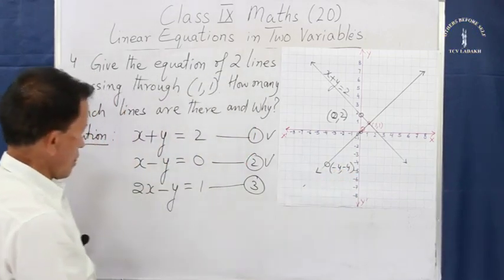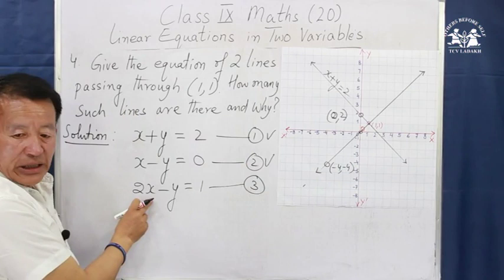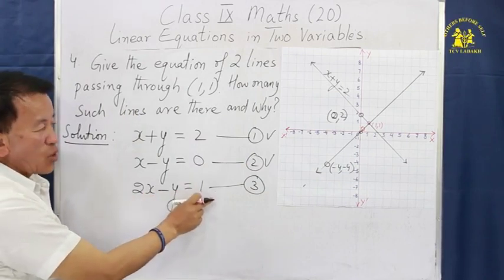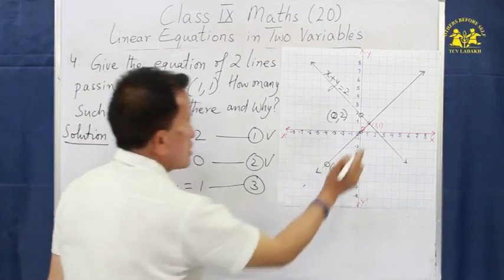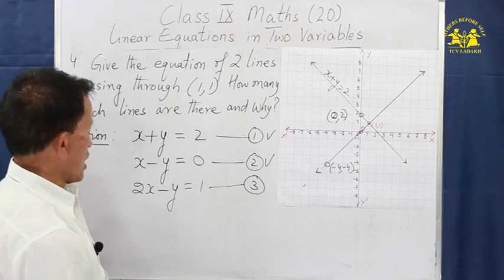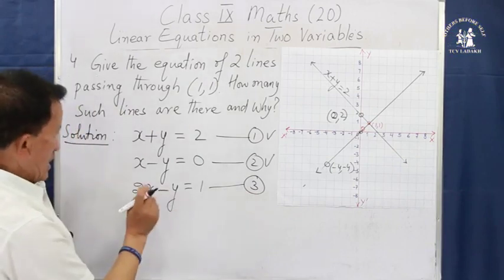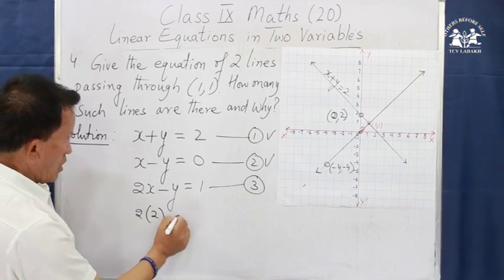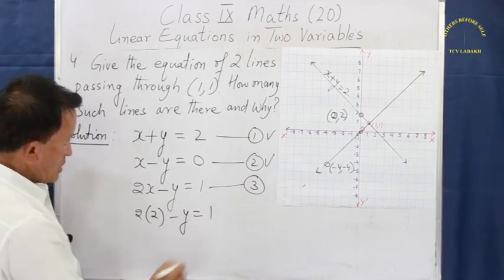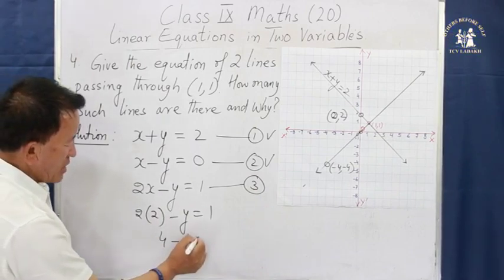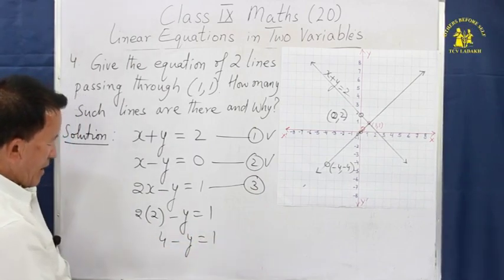Now the third equation, 2x minus y is equal to 1. So of course this is one of the points. Let's take a second point. If we take x is equal to 2, 2 2s are 4 minus y is equal to 1, right?